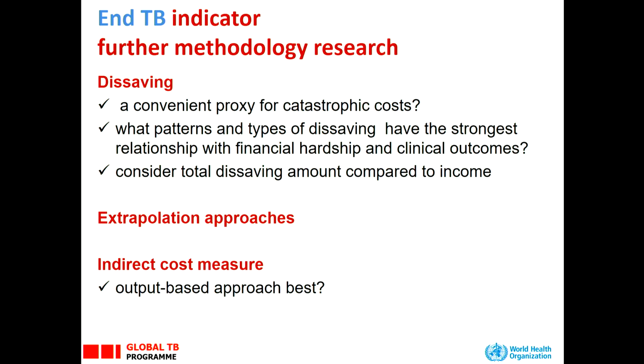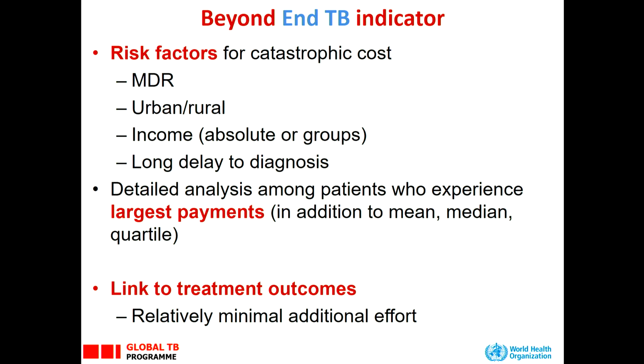Also, we need to look at the extrapolation approaches, whether we are doing the right thing or we should adjust. And also on the indirect cost measure, how appropriate is it to use one or the other approach to indirect cost measurement.